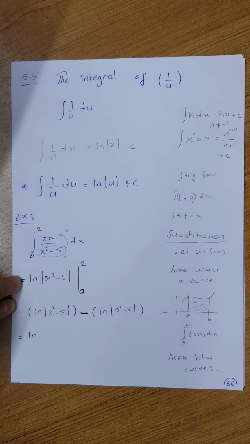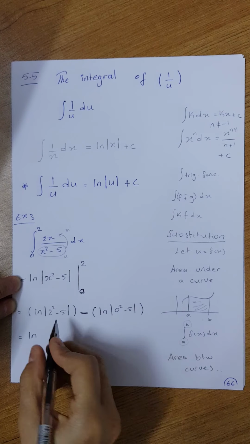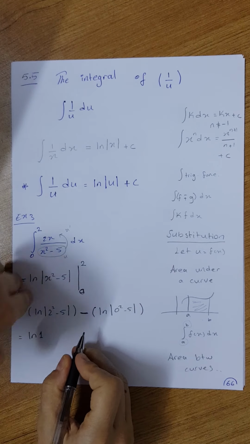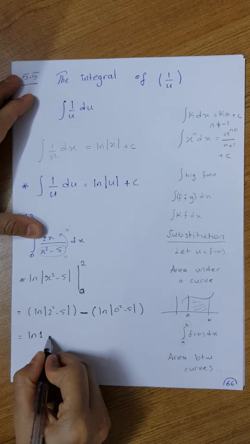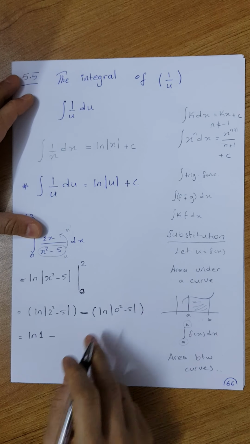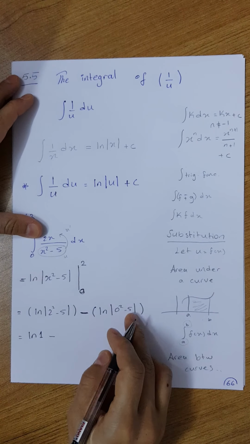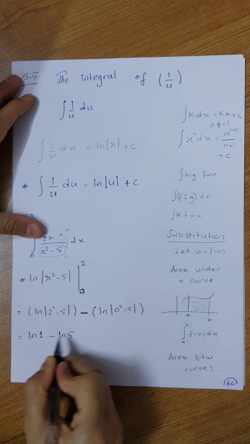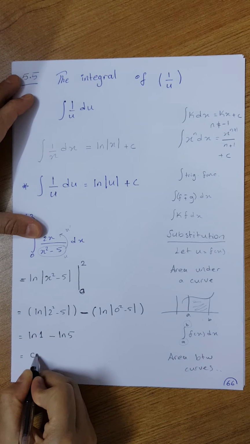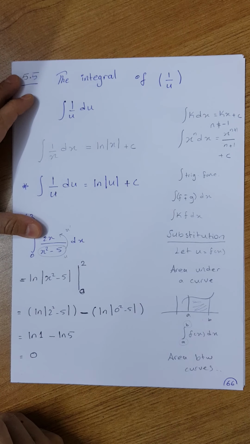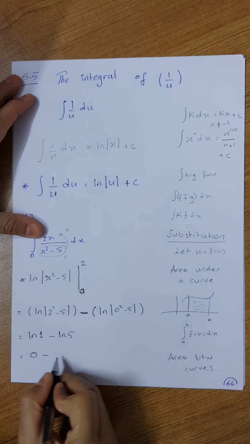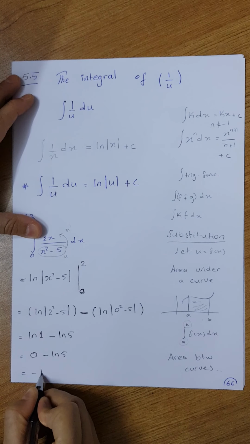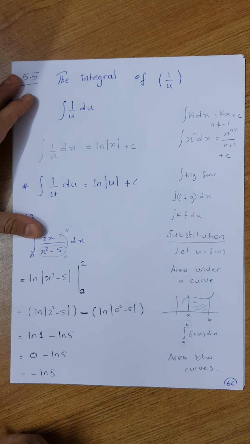Negative 1 inside the absolute value is equal to 1. So that will be equal to ln of 1 minus, and ln of negative 5 inside the absolute value will be ln of 5. Ln of 1 is equal to 0 according to the properties of logarithmic functions, minus ln of 5. So in general the result is negative ln of 5, and that is the result.